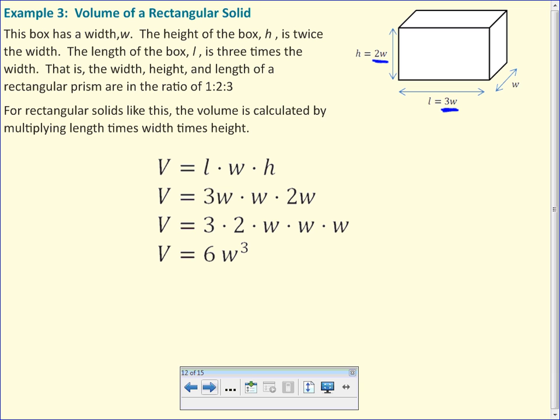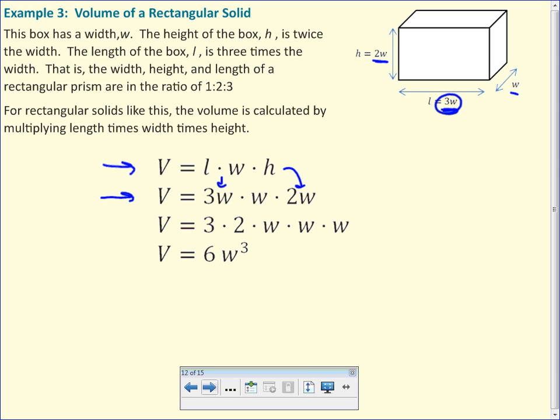Stay with me, please. For rectangular solids like this, the volume is calculated by multiplying the length times width times height. You know that already. So we always start by writing our formula. Then we replace the letters with the numbers. So the length was 3W. The width was the width. The height was 2W.